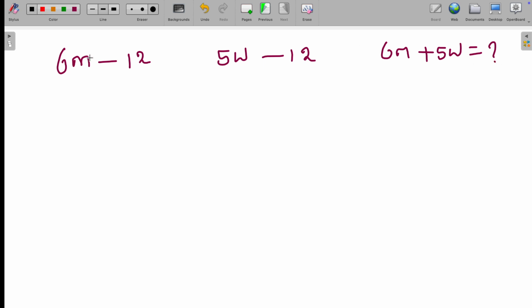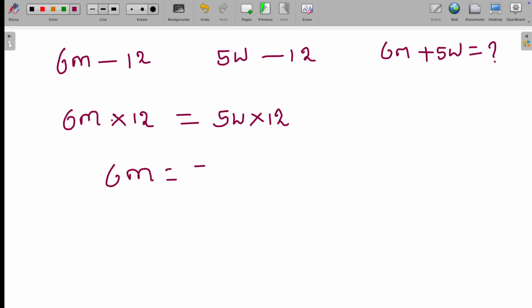Okay, how to solve this question? 6 men can complete a job in 12 days, M into D. Same job, 5 women can complete it in 12 days. Now can I cancel 12? Yes. 6 men is equal to 5 women.